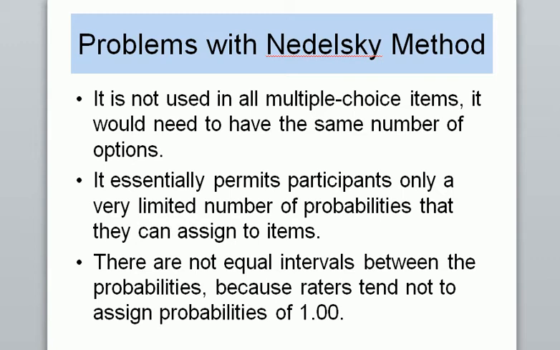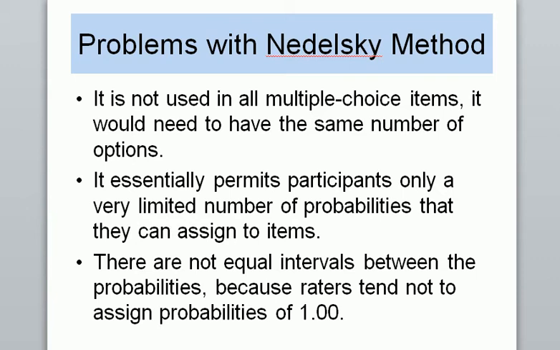Next, it essentially permits participants only a very limited number of probabilities. It means the Nedelsky method compulsorily allows the participants only a few limited number of probabilities, because in this method the examinees eliminate the incorrect items.